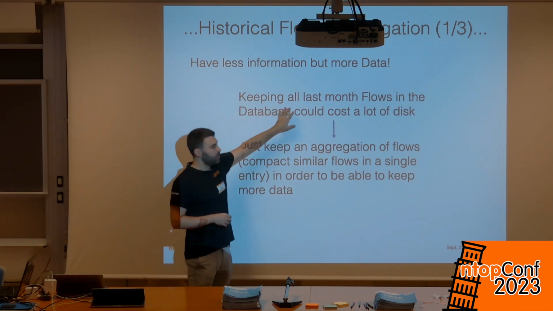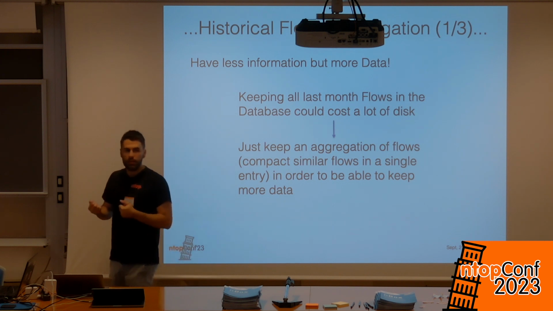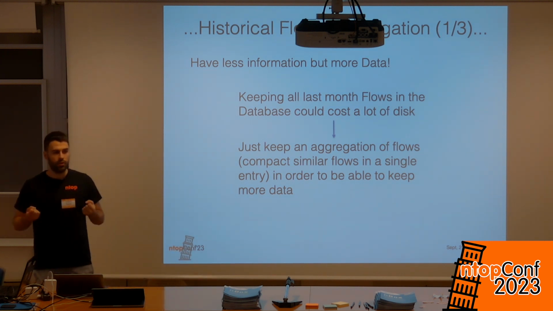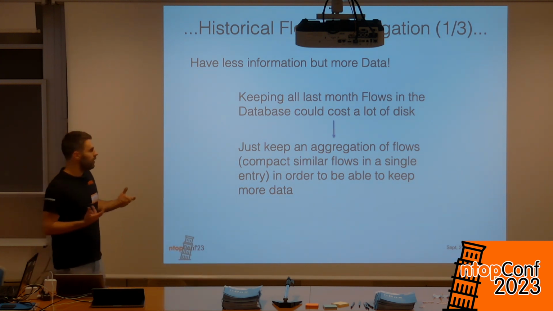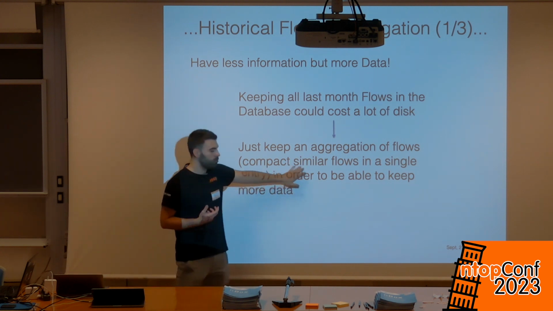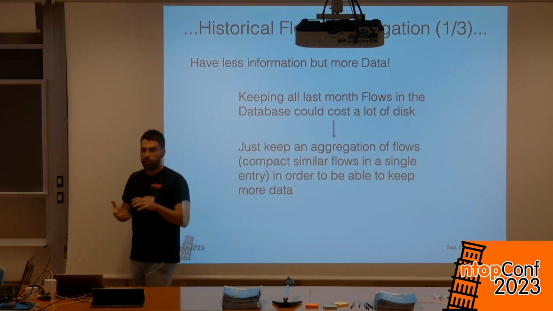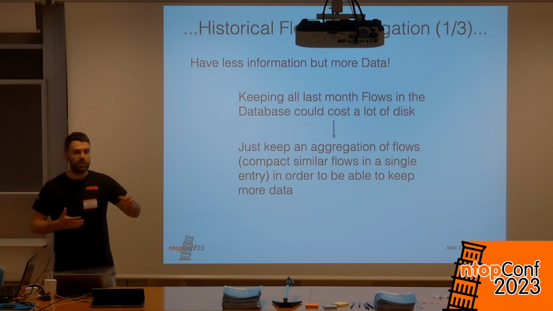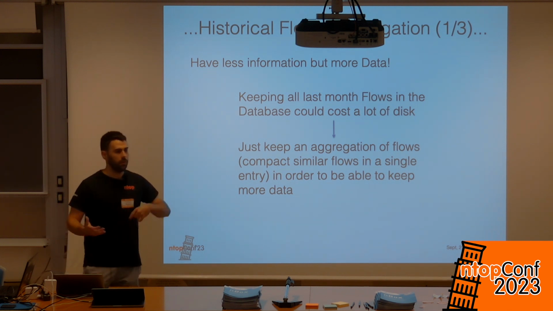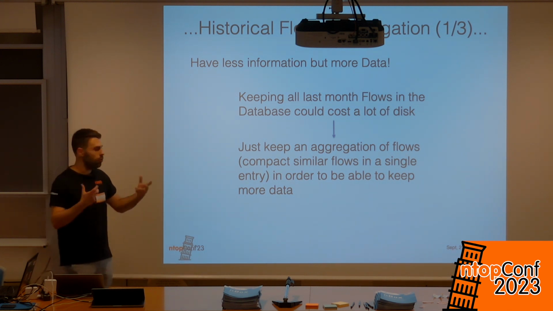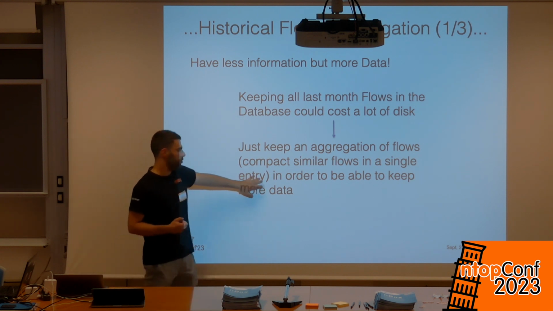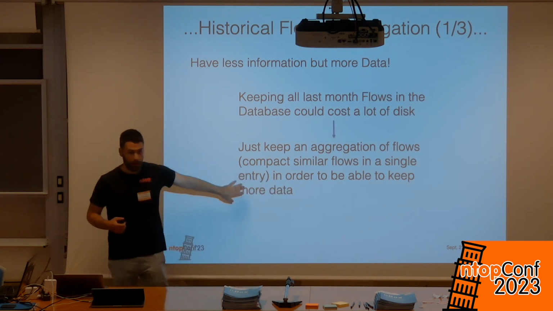Instead of keeping all the flows, why don't we keep just an aggregation of those data? In this way, we can compact those similar flows, so flows, for example, with the same client, same server, same server port, same application protocol used, and so on, in order to be able to keep a lot more data.